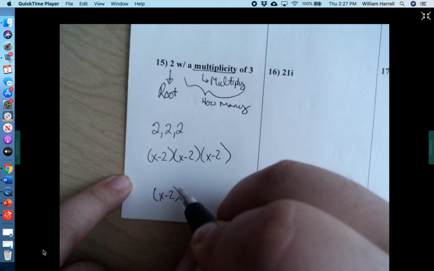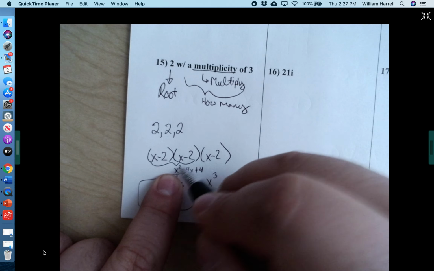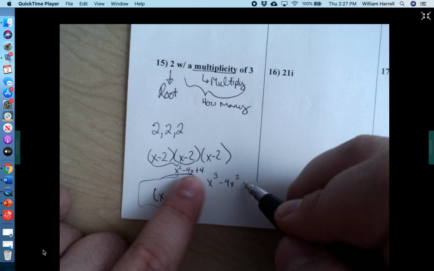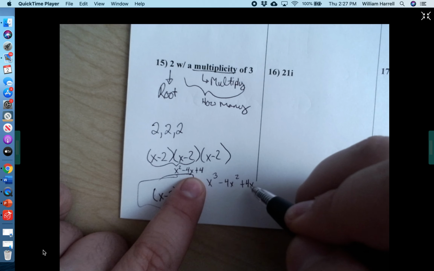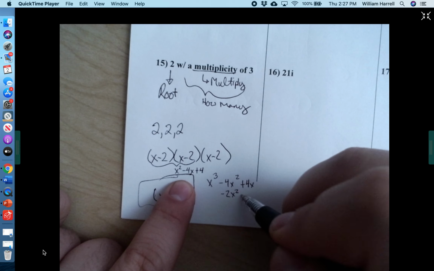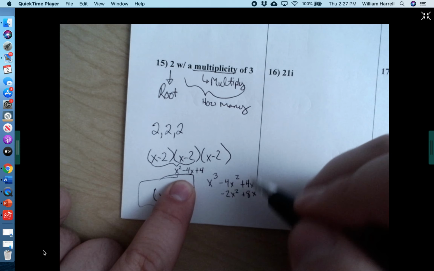This right here will probably also be on your test as an answer choice again. x minus 2, x minus 2, x minus 2, x squared minus 4x plus 4, x cubed minus 4x squared plus 4x minus 2x squared plus 8x minus 8.